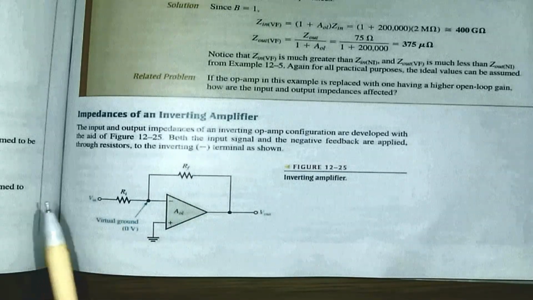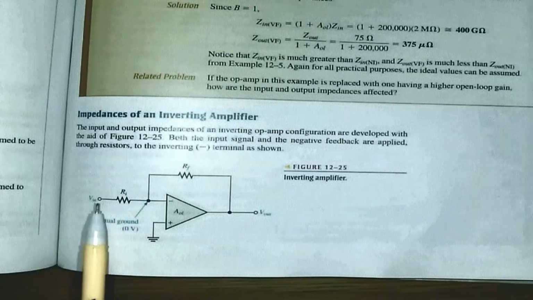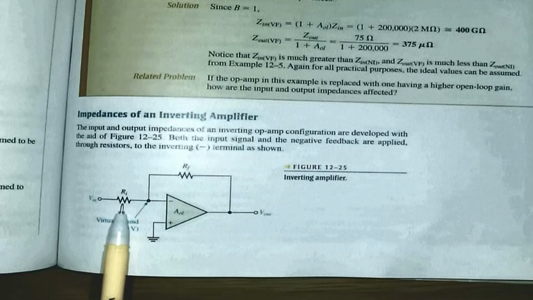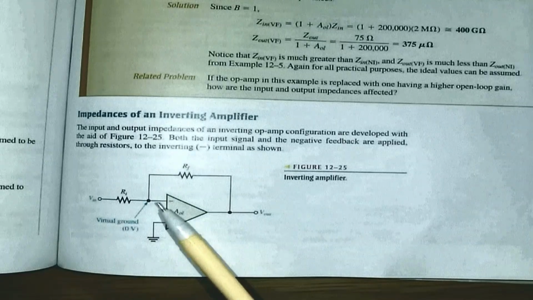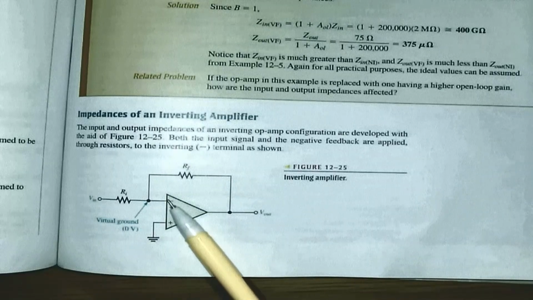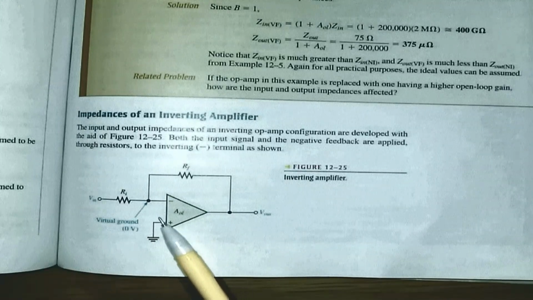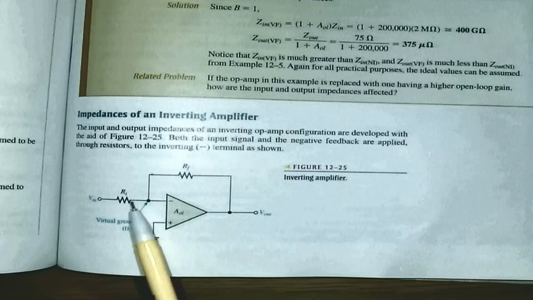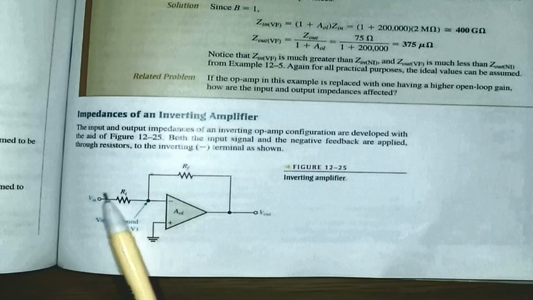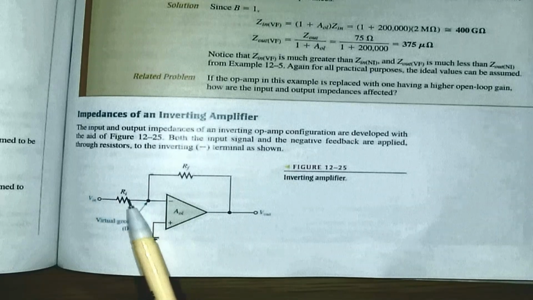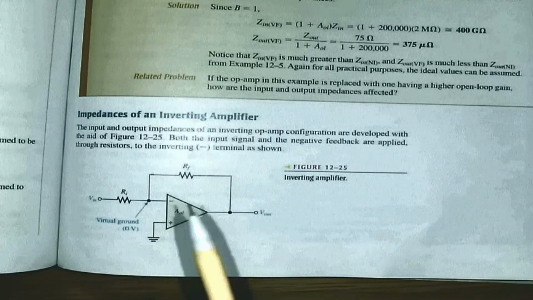That means my input impedance in the case of this device will be determined by Rin. Actually Rin in parallel with the input impedance of the device. But this is normally very high, let's say 2 meg. You've got a 10K here. That means the input impedance will be approximately equal to Rin.